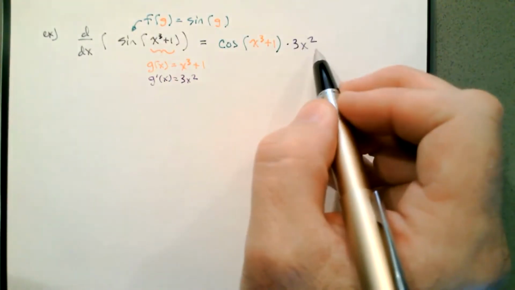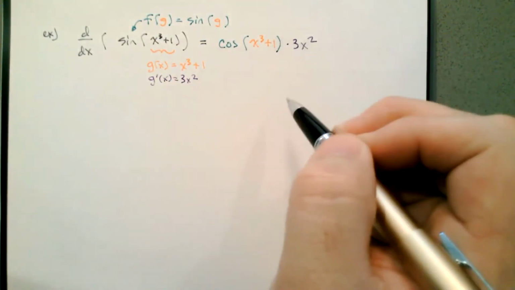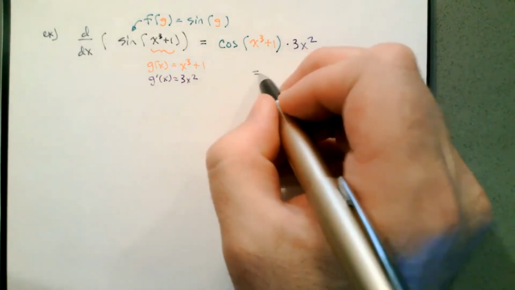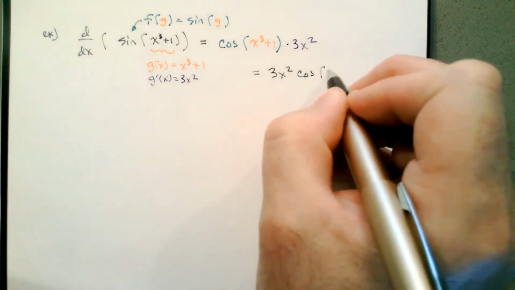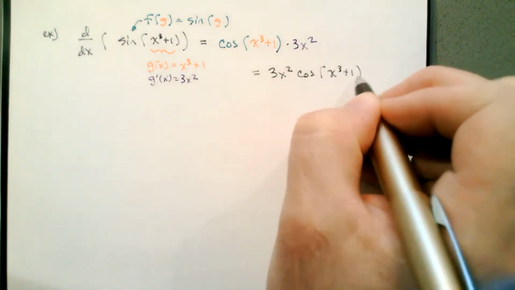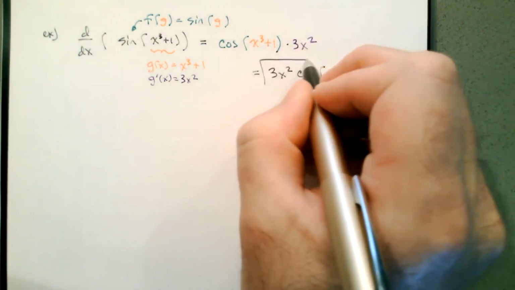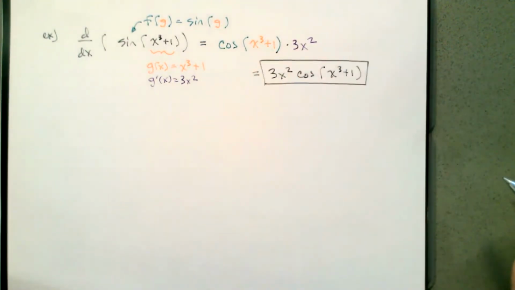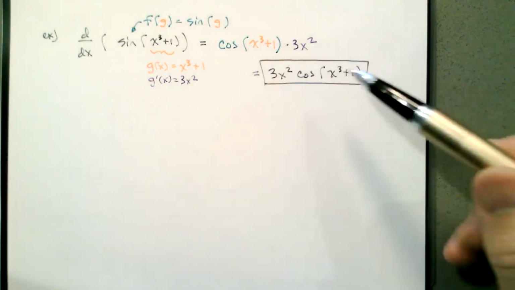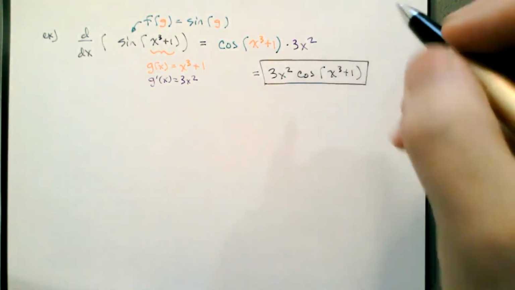We don't like writing our polynomials last. We want to write our polynomials first. So we would probably write this as 3x squared times the cosine of x cubed plus 1. We had to remember to multiply by the derivative of the inside.